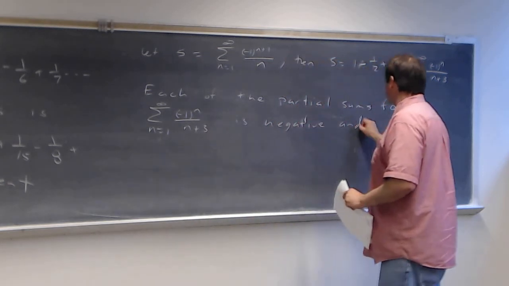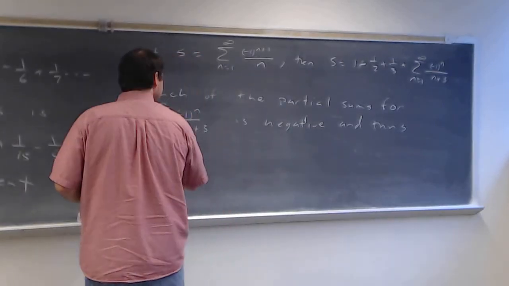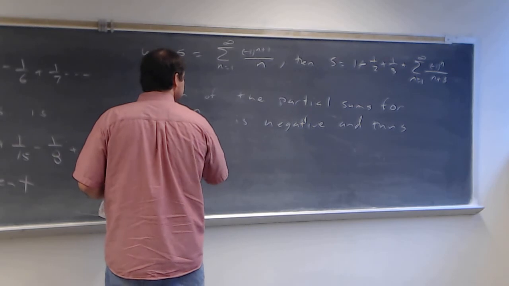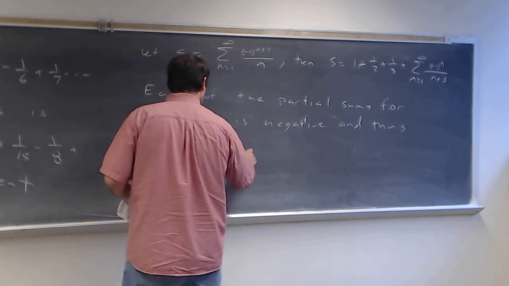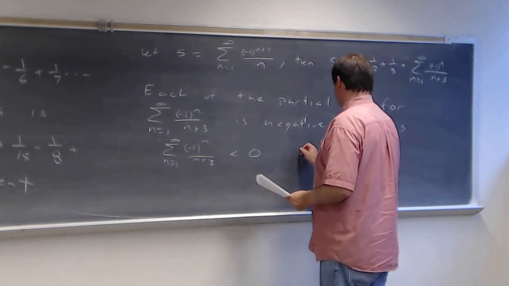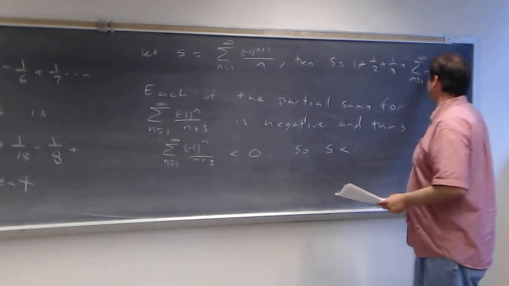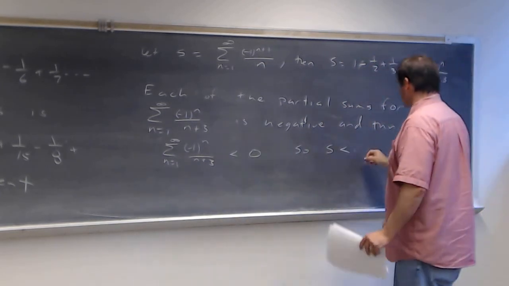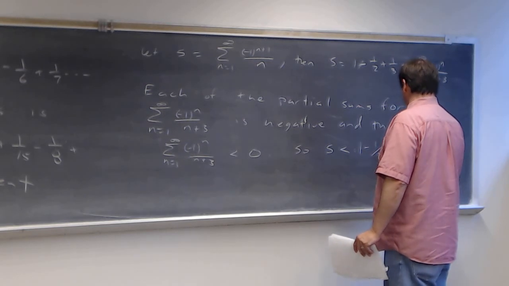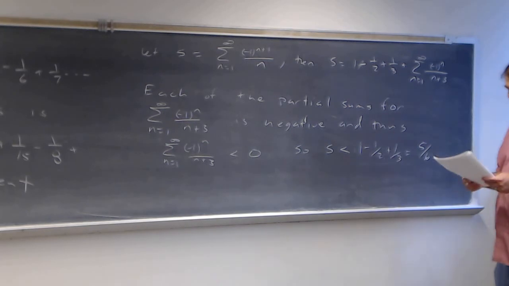And thus what this sum converges to is less than 0. So what that tells us then is, since this is a negative quantity, S is going to be less than just these first three terms added together, 1 minus 1/2 plus 1/3. And that ends up being 5/6. So we got S is less than 5/6.